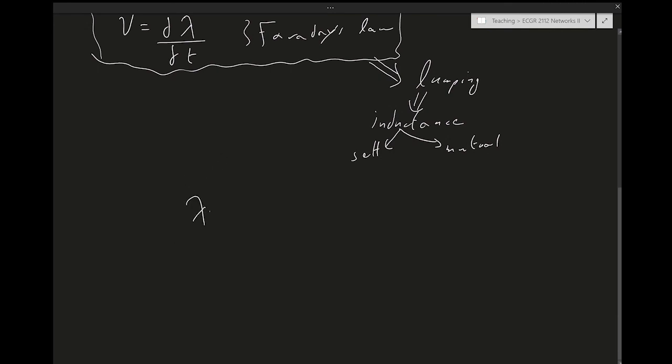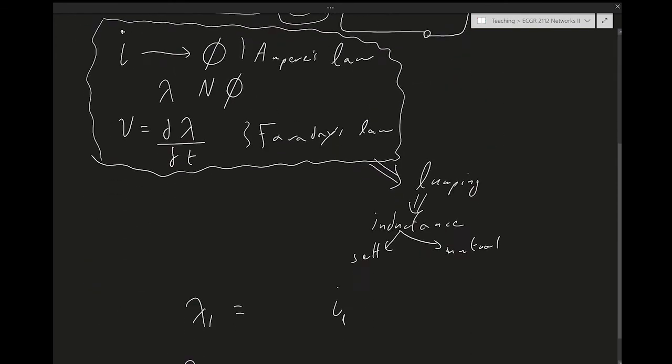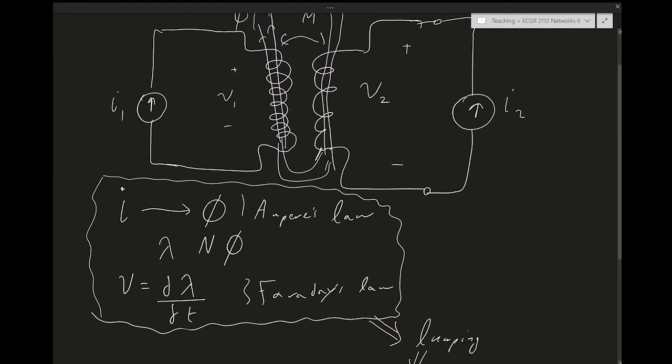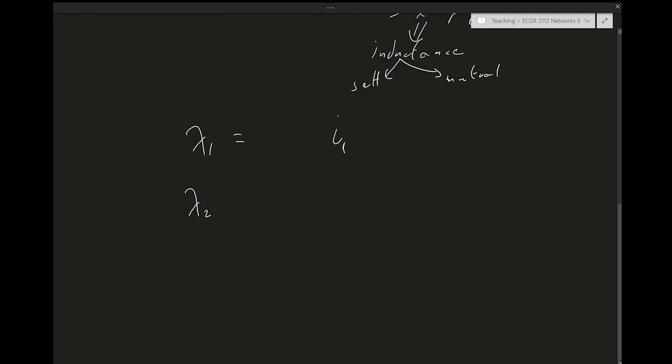The flux linkage for coil 1 is going to be dependent on the current passing in coil 1, because that current causes a magnetic flux. But the current passing in coil 2 also causes a magnetic flux that reaches coil 1, so the flux linkage is also a function of current 2.